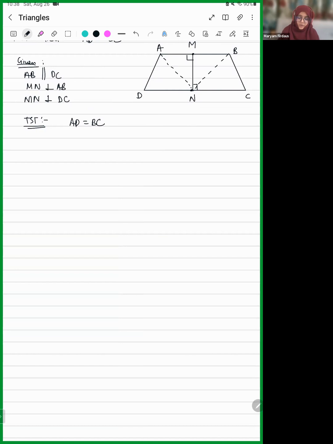We can prove that triangles ADN and BCN are congruent. How will you prove that? Think. Can you give a clue, ma'am?